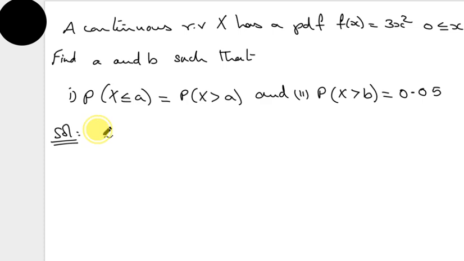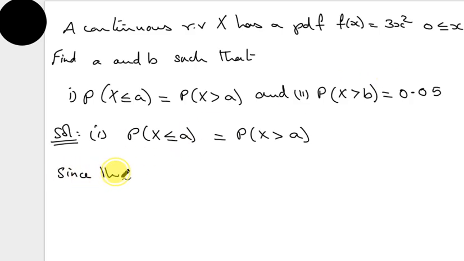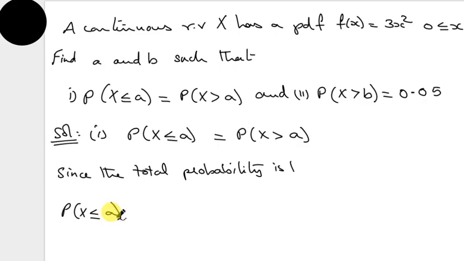What is given here? The first relationship tells us that probability of x less than or equal to a is equal to probability of x greater than a. Our entire interval runs from 0 to 1. Since the total probability is always 1, we have probability of x less than or equal to a equal to 1 minus probability of x greater than a.